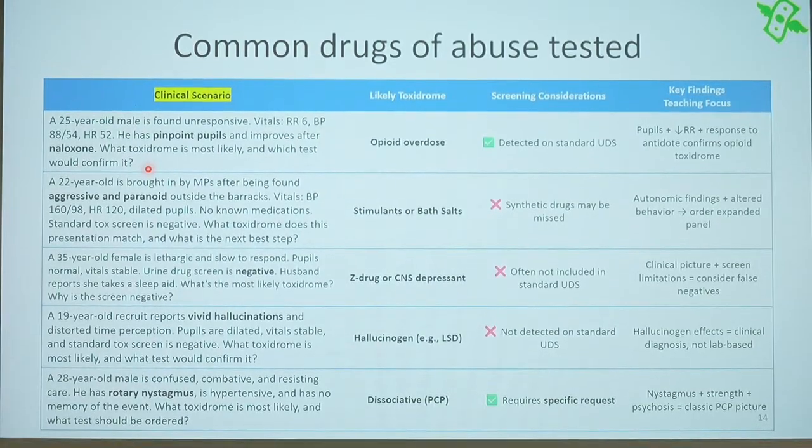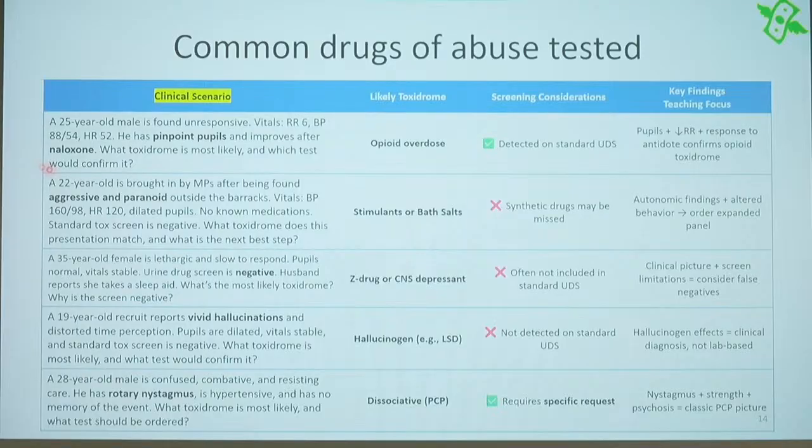Well, good. So if you were to see a clinical scenario, you should be able to identify the likely toxidrome or the likely suspected drug of abuse. So if we take the first example, a 25-year-old male found unresponsive, vitals: respiratory rate 6, blood pressure 88/54, heart rate 52, has pinpoint pupils and improves after naloxone.